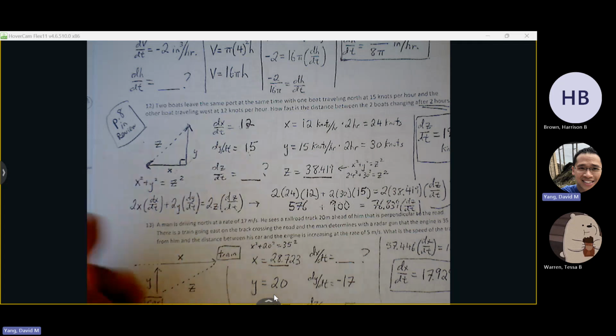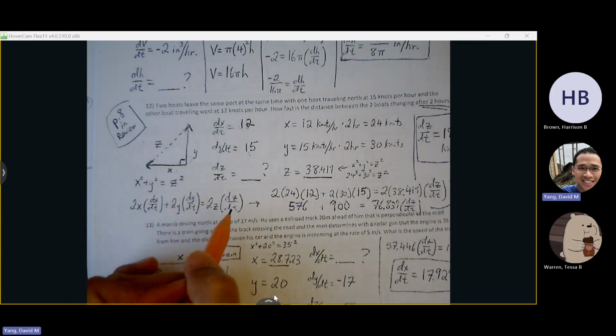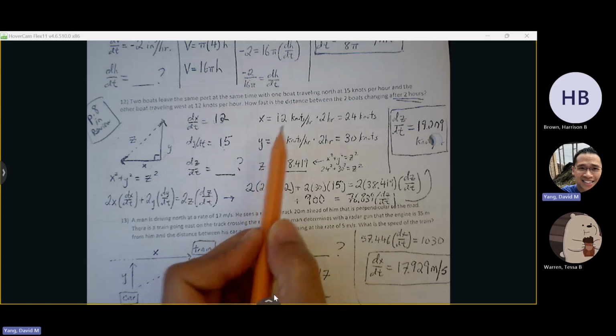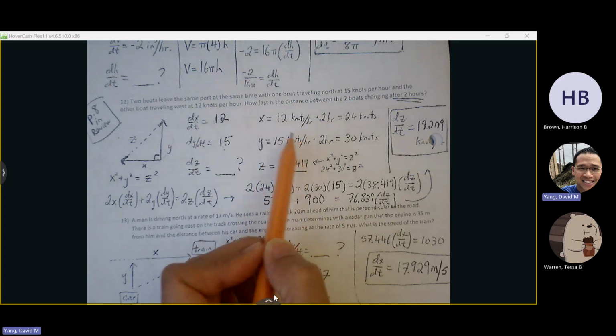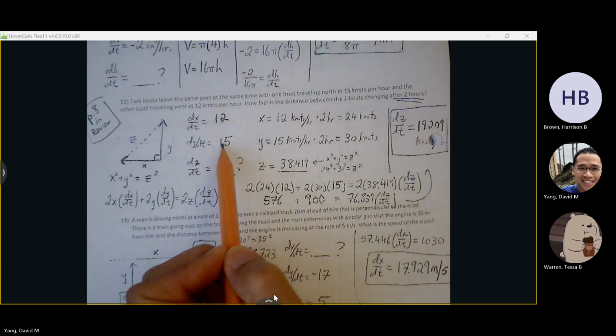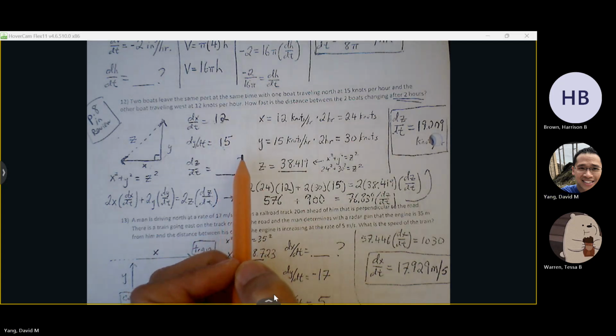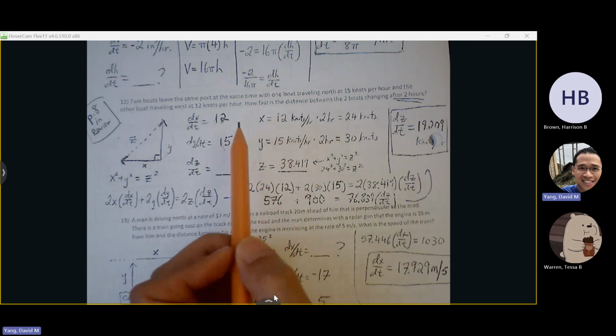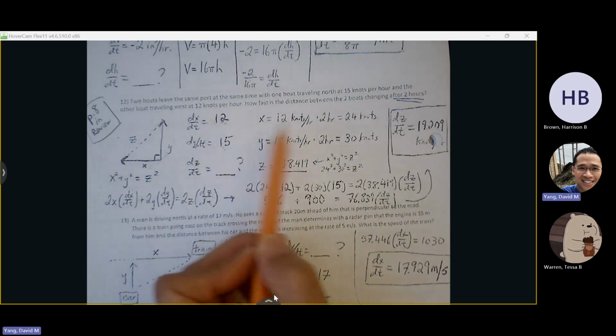Right? A squared plus b squared equals c squared. We go through the Pythagorean theorem, and we can find x and y because we know how fast he's going and for how long.